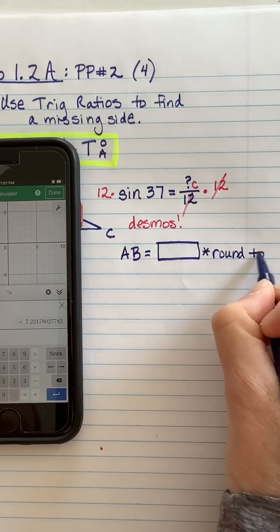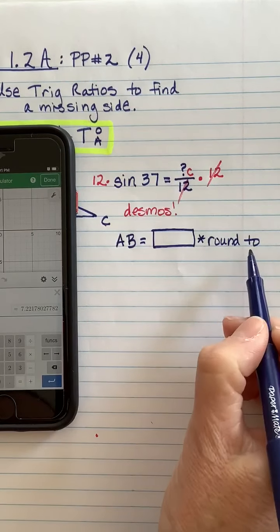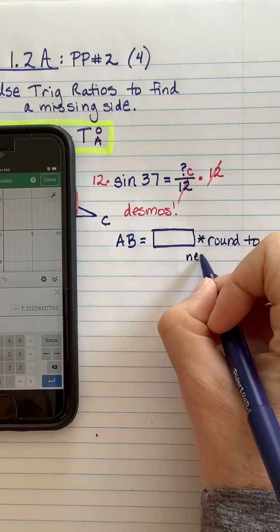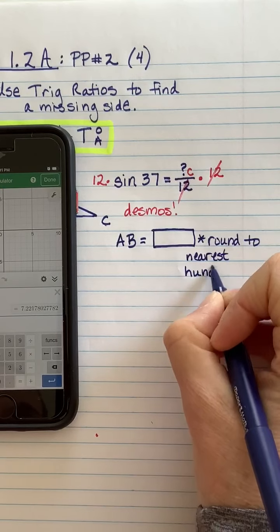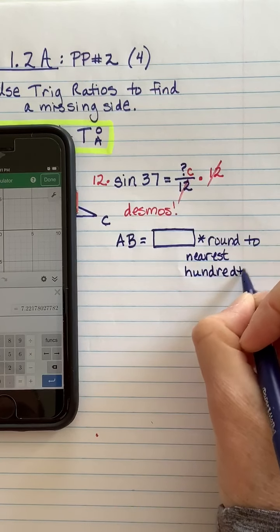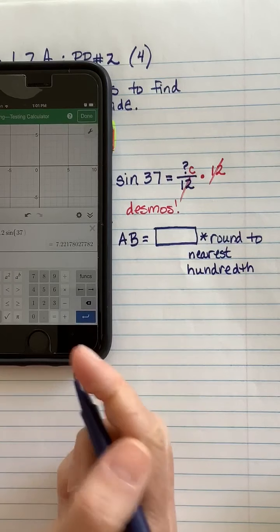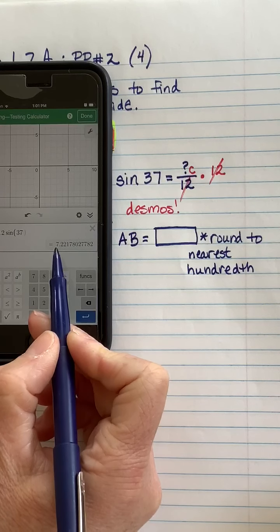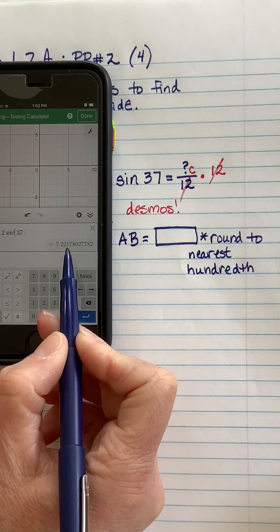Now, I love this. This is one of the reasons why we chose to use Khan Academy. We've been working on rounding all year. In this particular section, we are going to be rounding to the nearest hundredth. That means two decimal places, so we're looking for something that looks like money. I've got 7.22, so that would be like 22 cents. Look at the next number. It's only a 1.